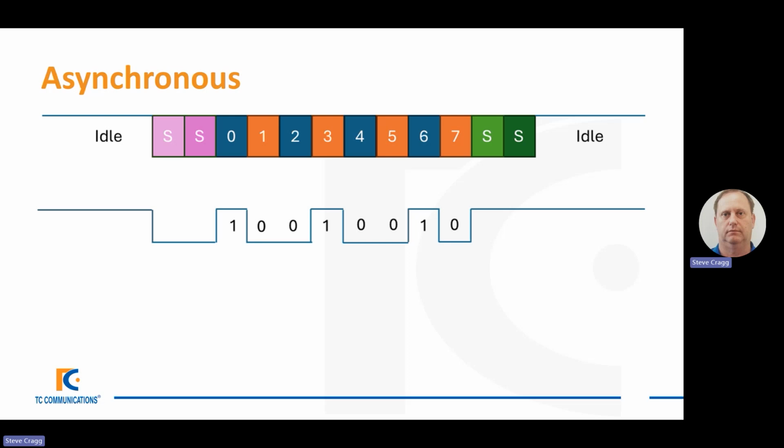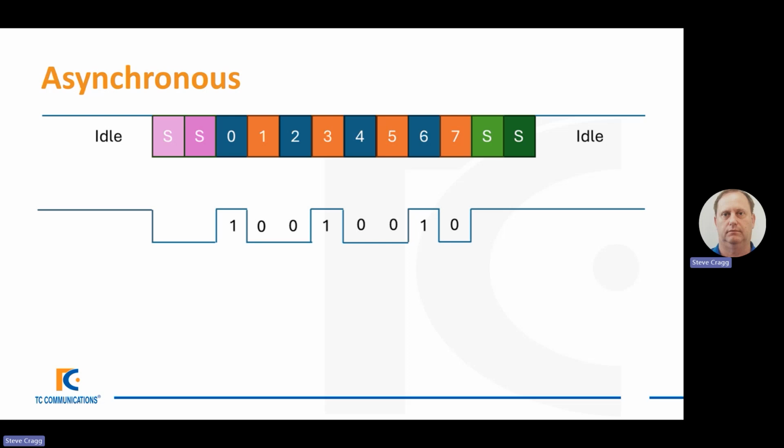Also, you have the issue that you don't know when the transmitting device is about to start transmitting data. So it is hard to work out how to sample the incoming data to make sure that you are sampling at the right time to determine whether it is actually a 1 or a 0 that's being sent.